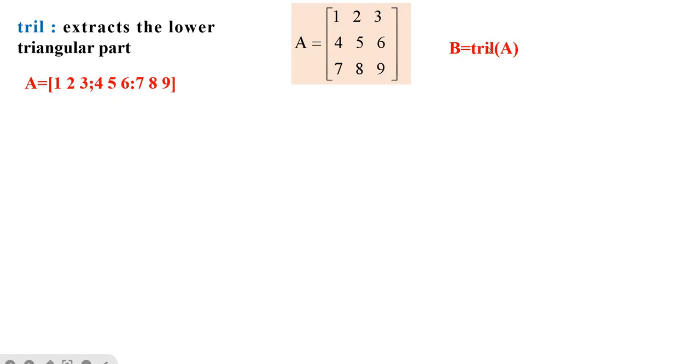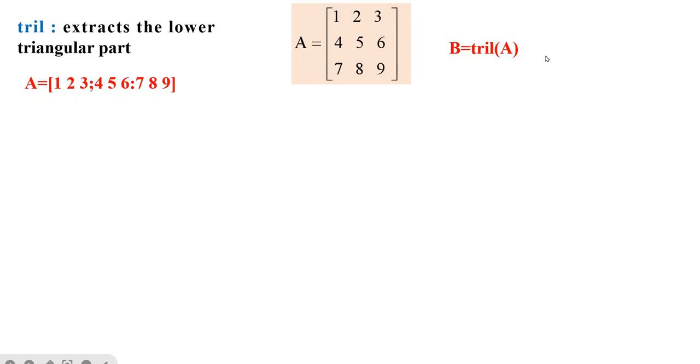That is, I am performing the TRIL operation on matrix A. It means that it has to extract the lower triangular part of the matrix. The lower triangular part of the matrix is 4, 7, 8. So it will not just extract this part, but this 1, 5, 9, which is the main diagonal, will also be displayed along with 4, 7, 8, but the upper triangular part, that is 2, 3, 6, will be made 0.